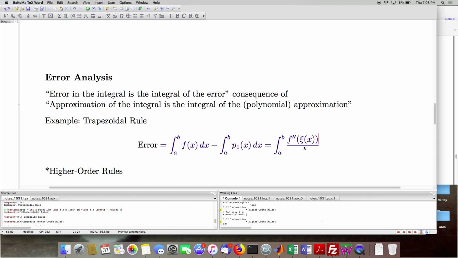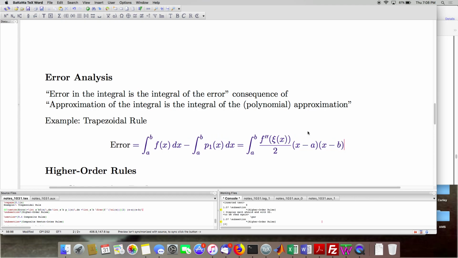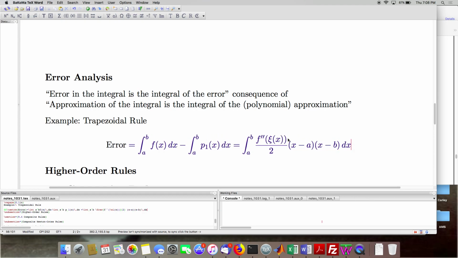It's the second derivative at an unknown point over 2 times x minus a, x minus b. So this is directly applying the error formula for polynomial interpolation.